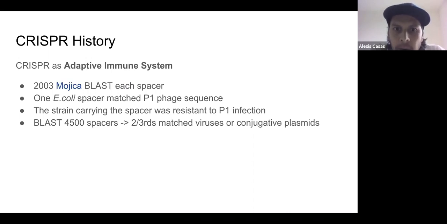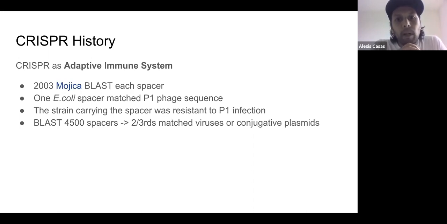So then he carried on working, and so he worked on trying to find these CRISPR sequences in genomes for more than 10 years. And in about 2003, what Mojica did is that he took each little spacer and he started to blast them with a BLAST tool. And he found out that one E. coli spacer matched the P1 phage sequence.